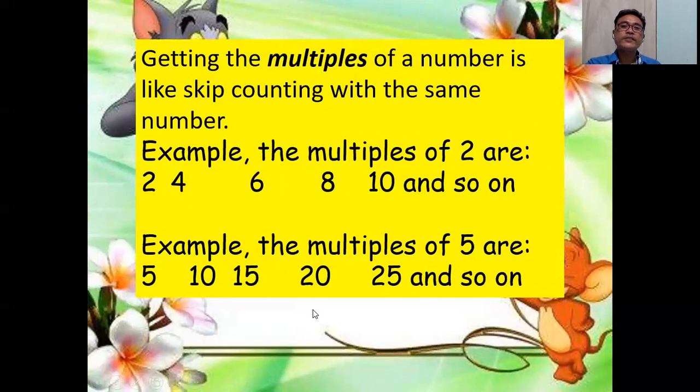Getting the multiples of a number is like skip counting with the same number. Example, the multiples of 2 are 2, 4, 6, 8, 10, and so on. Another example, multiples of 5 are 5, 10, 15, 20, 25, and so on.